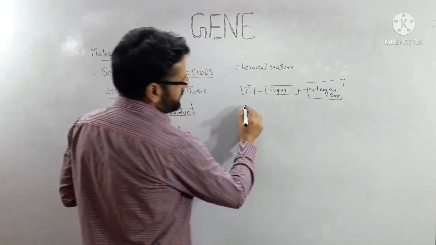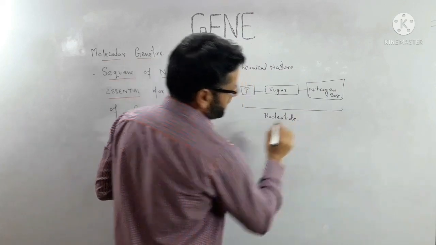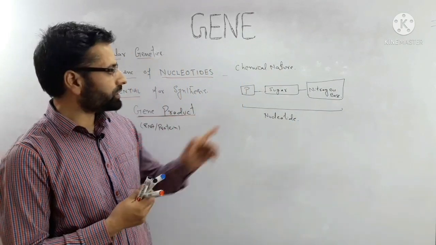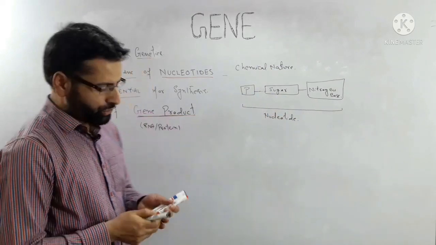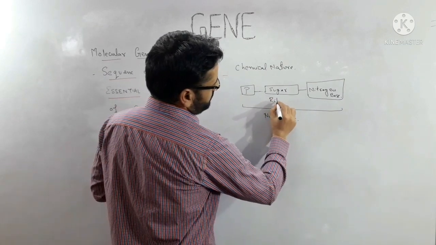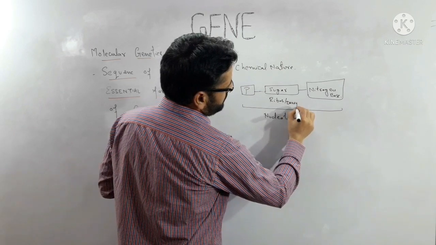This is called a nucleotide. In a single nucleotide molecule you will find a phosphate group, a sugar, and a nitrogen base. This sugar can either be ribose or deoxyribose.